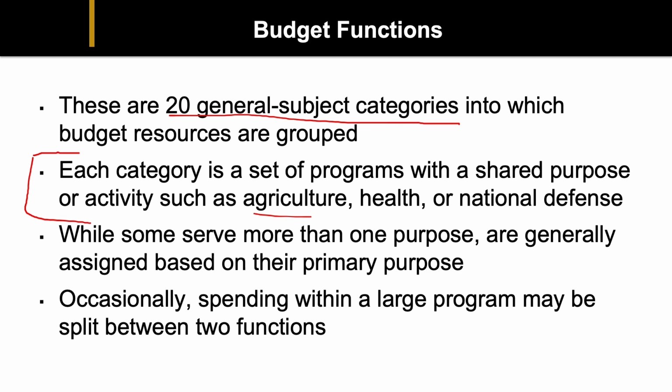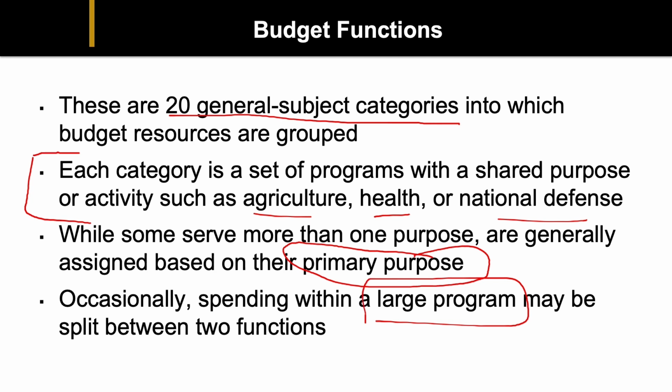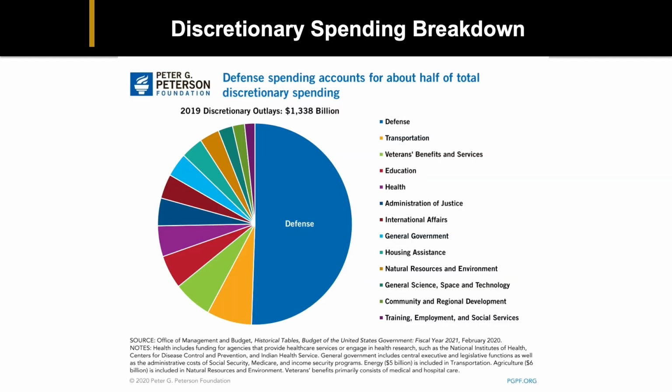Could be agriculture, could be health, could be national defense. Some activities have more than one purpose, but these budget functions are primarily set up based on their primary purpose. And occasionally you can have a large program that's split between two different budget functions.